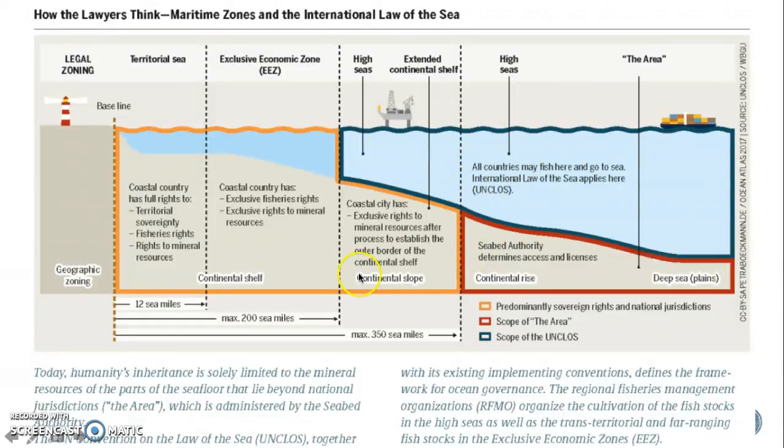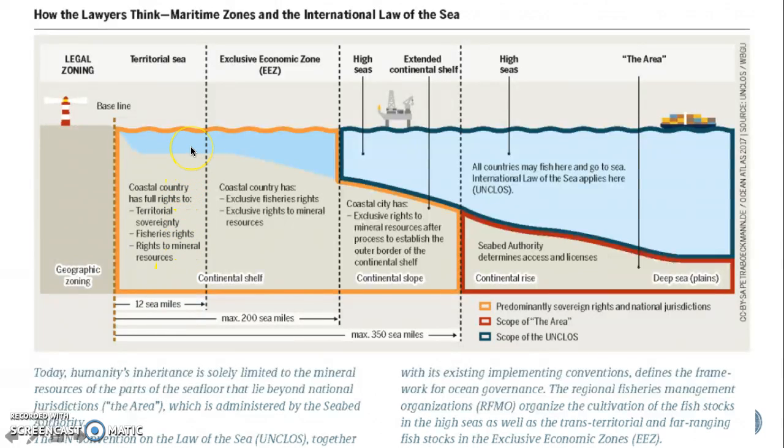So if we look at this, and I know that the numbers are in miles, so I'm going to try and help with the conversion here, and it is sea miles, so then we have to convert it. You think that sea miles or nautical miles are a little bit different than regular miles, but for our purposes it doesn't totally matter. So if you look at the first little zone, it says it's about 12 miles or like 20 kilometers, so 20 sea kilometers.